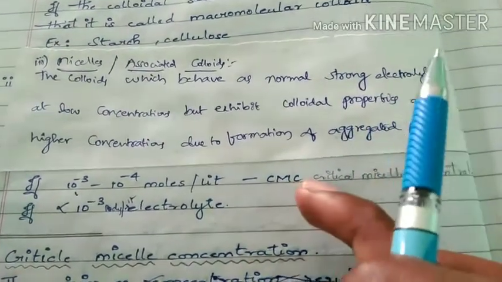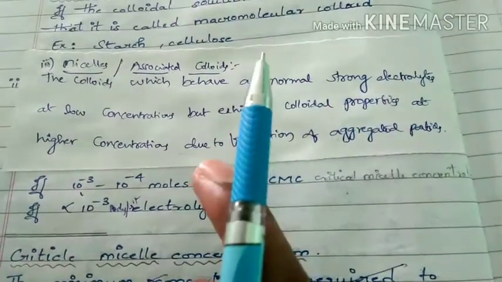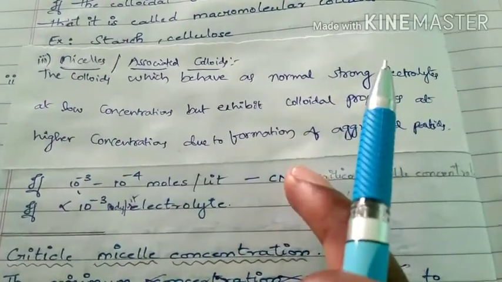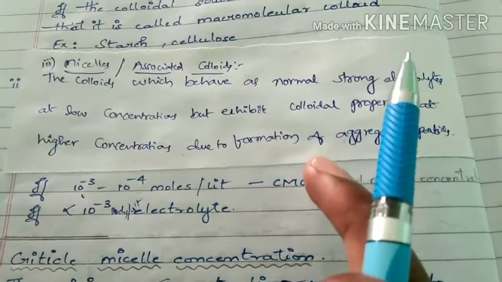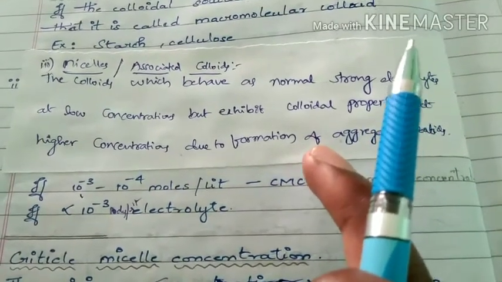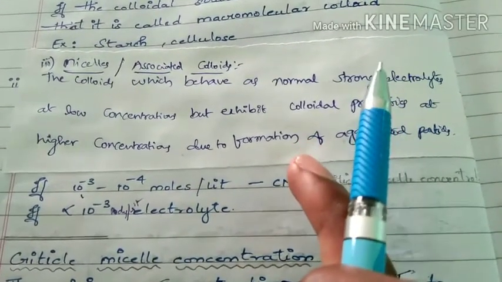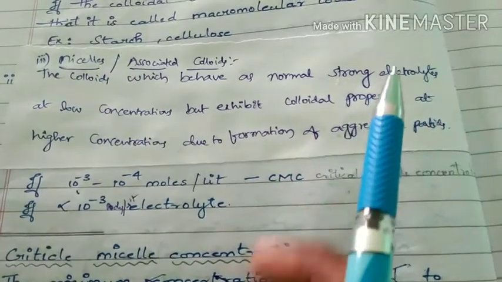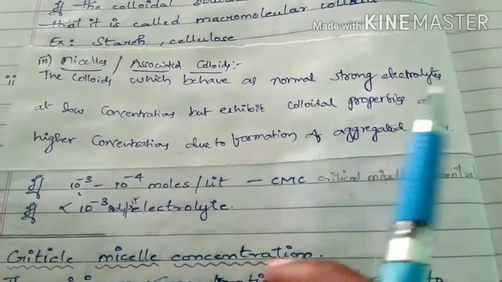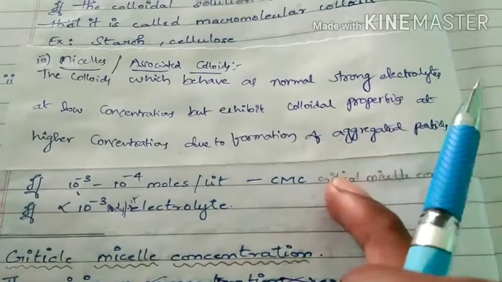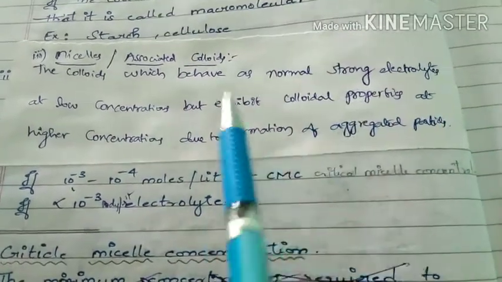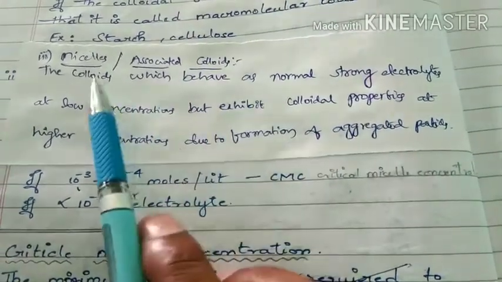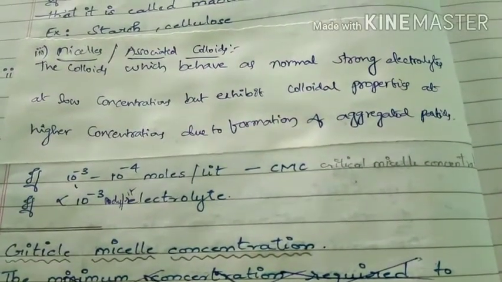Its size should satisfy the condition of a colloidal particle in colloidal solution. That means automatically its size definitely lies between 1 millimicron to 1 micron. Then that is considered as colloidal solution. Here that colloidal solution is called associated colloids. That is also called micelles.